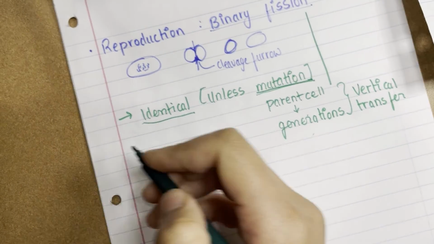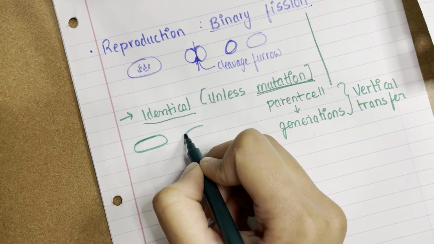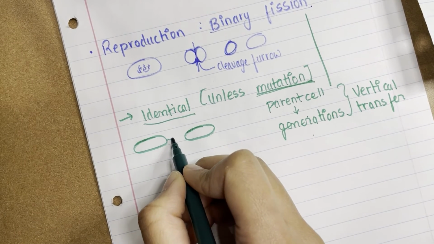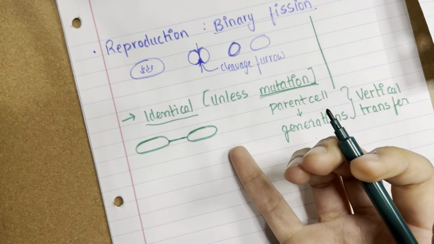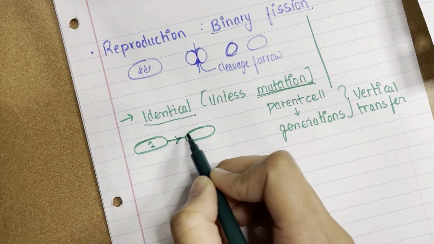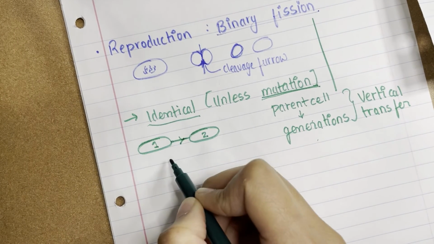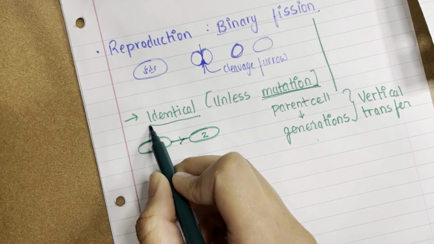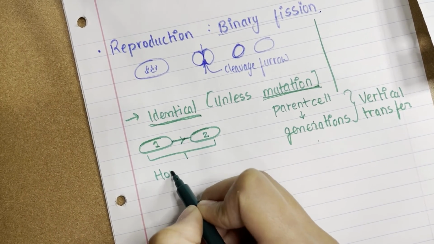There is another kind of transfer, which is between two bacterial cells in the same generation. So they can be living together at the same time, and one bacteria can transfer its mutation or its DNA to another bacteria, and this causes bacteria to change and not be identical, and this is called horizontal transfer.